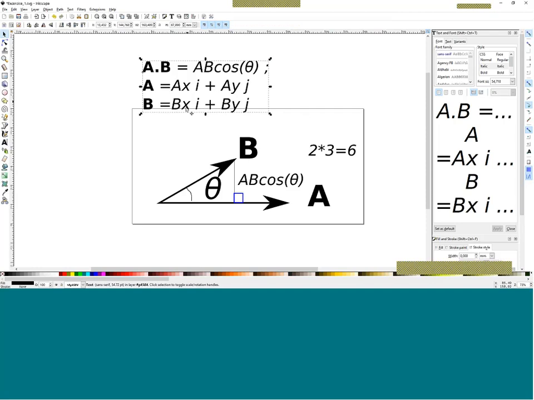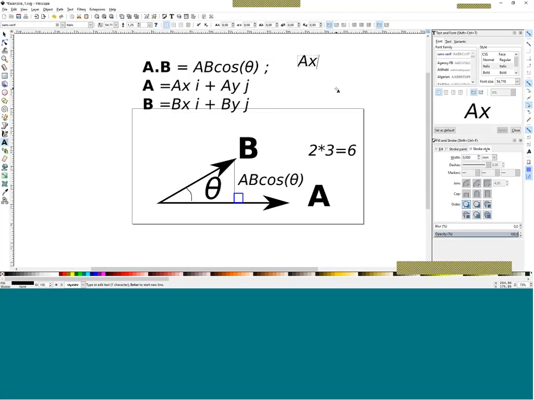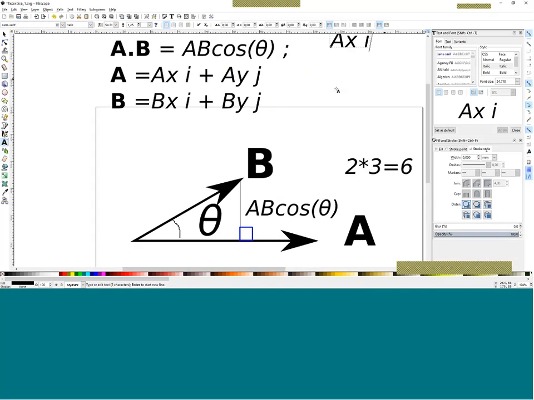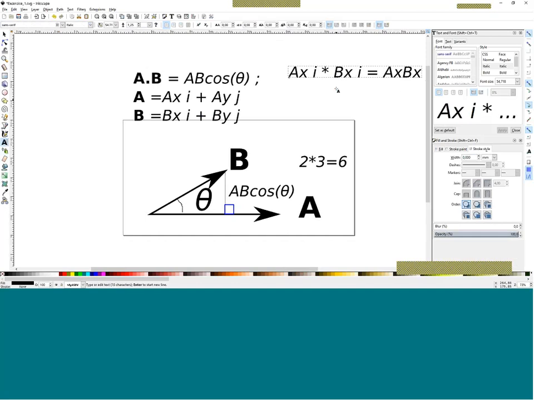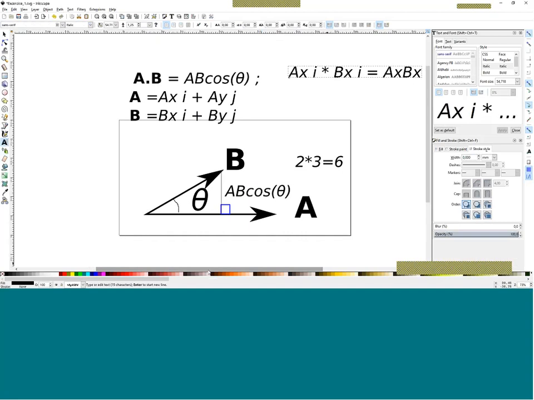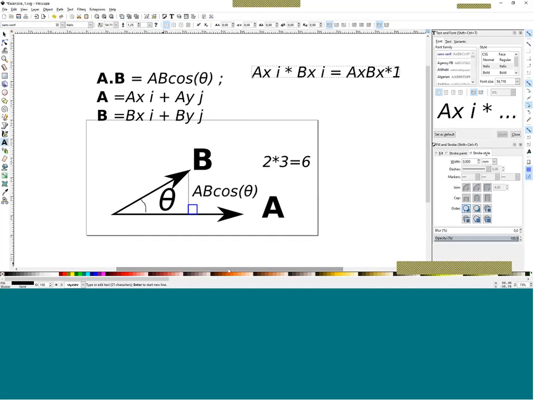So a_x i times b_x i will be a_x times 1, meaning that it's a_x b_x.